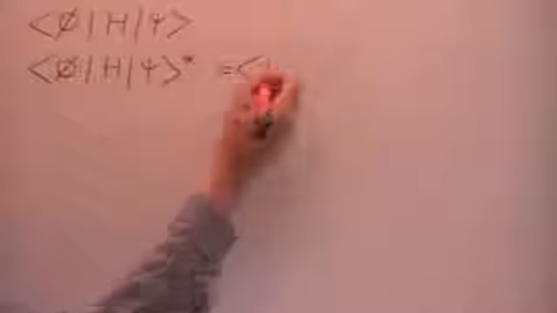Let's consider this beast here: ⟨phi|H|psi⟩. And now I want to complex conjugate it. So it's just ⟨phi|H|psi⟩ complex conjugated. Now what is that? Well, if you complex conjugate the psi, that's a ket vector, it becomes a bra vector.